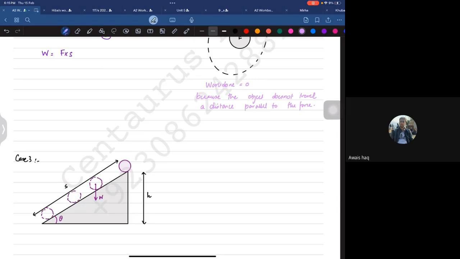Can you give me a formula for that in terms of these variables, please? W times S. Okay. Is that correct, Tejasvi? Do you think W and S are in the same direction? Okay. Fiza thinks W times H. All right. What do you think, Abdullah?